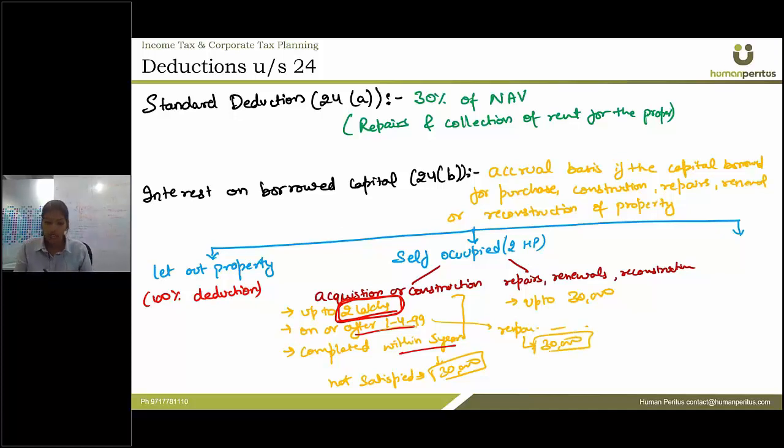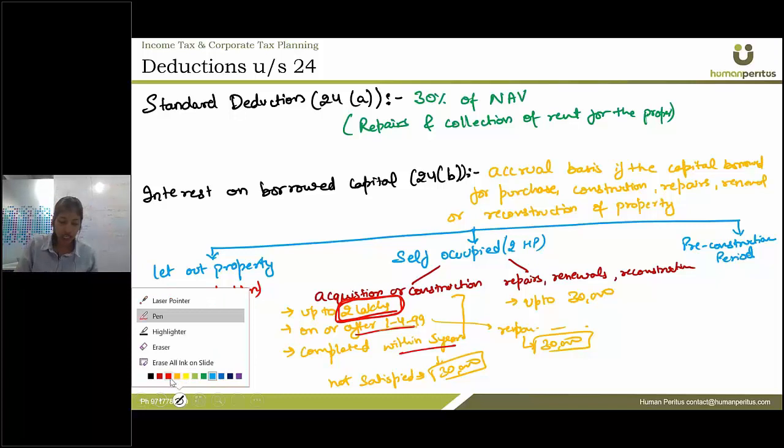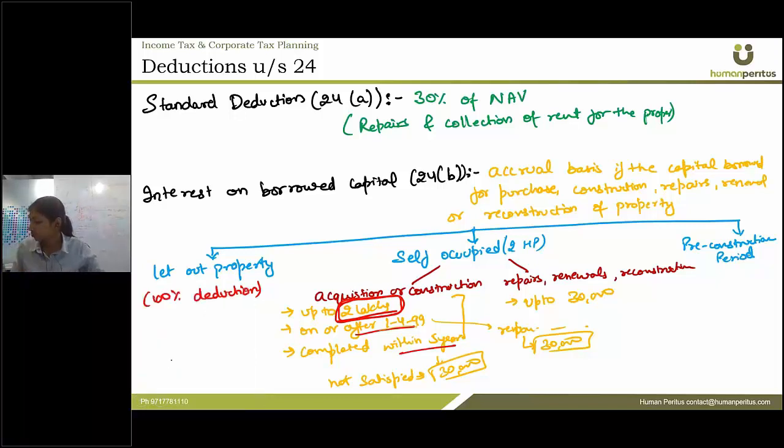All right. And the third case is pre-construction period. If the capital was borrowed for pre-construction period, then he can claim deduction, and the borrowed capital was for acquisition or construction purposes. That is only for these purposes.